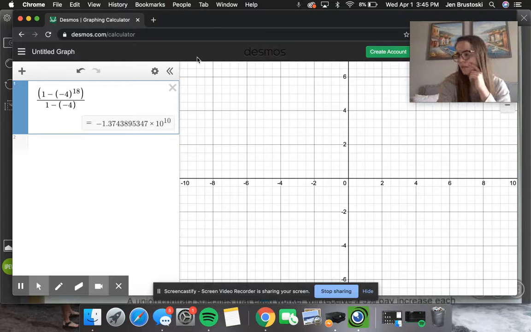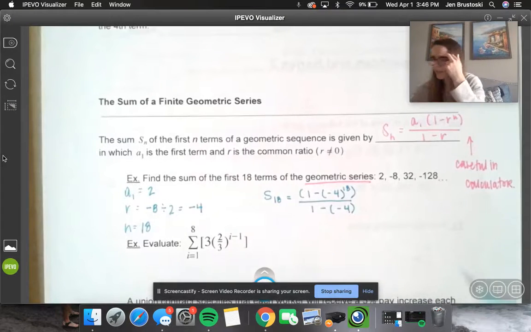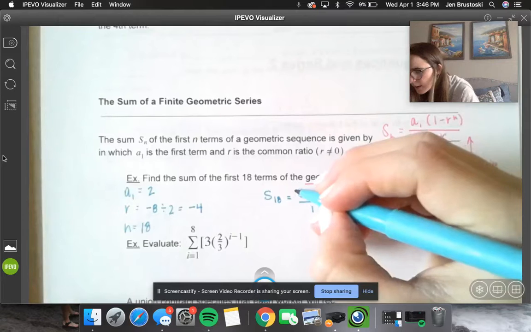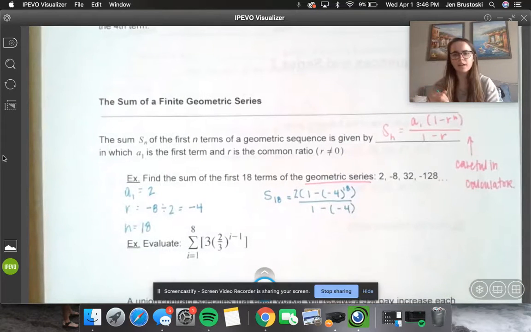Nope, something's not right in what I typed. Oh, we forgot to multiply by a sub 1. So let me go back to my equation. Right here, we're supposed to multiply by a sub 1, and I forgot it. So put a 2 on the outside there.